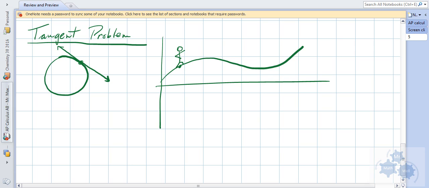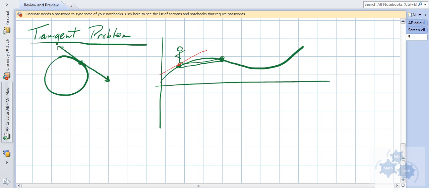Remember we said that this could be calculated if they knew the height of this point and the height of this point. This slope could be calculated really easily. But this one, not so easy. Why? Because we only have one point in reference.